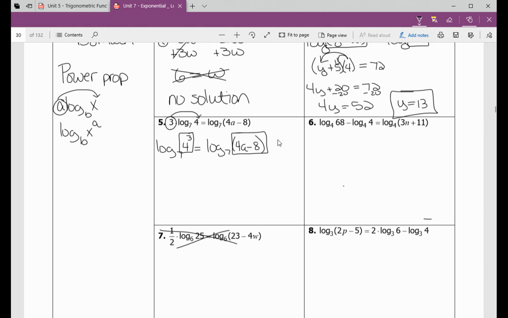I'm going to drop both log base 7s. So 4 to the third equals 4a minus 8. 4 to the third is 64. I'm going to add 8 to both sides, so that would be 72 equals 4a. So a is going to be equal to 18.